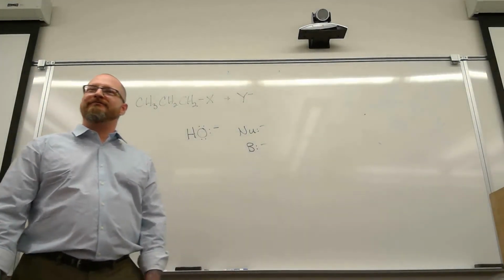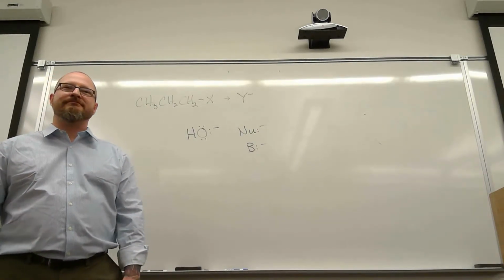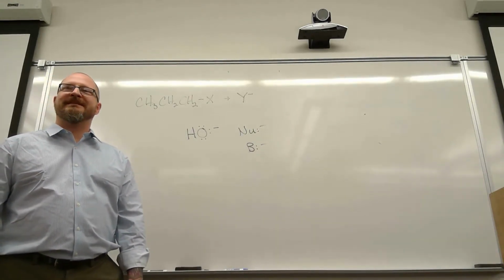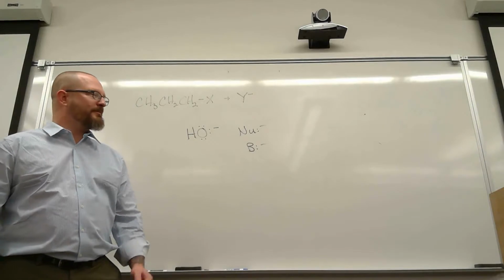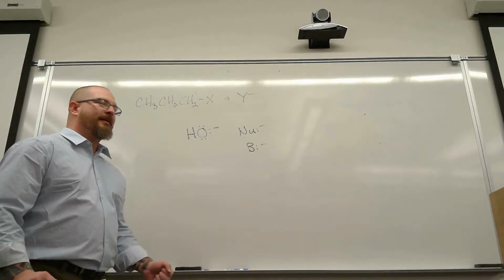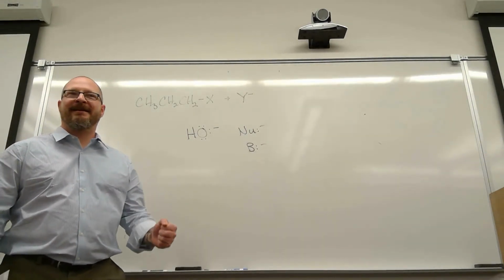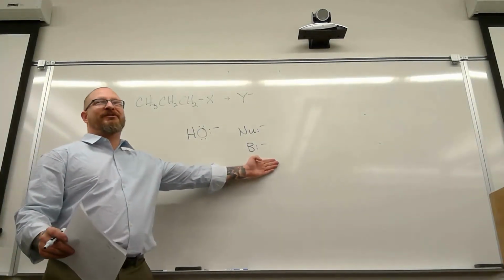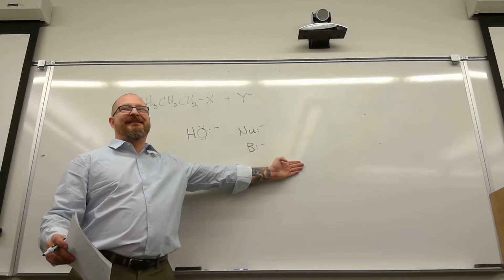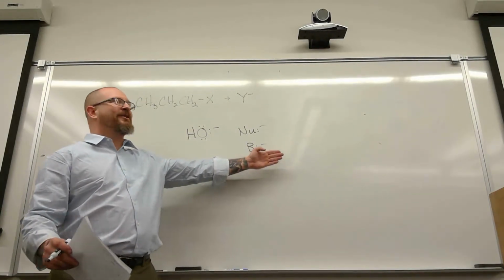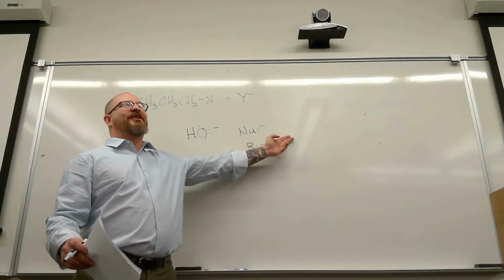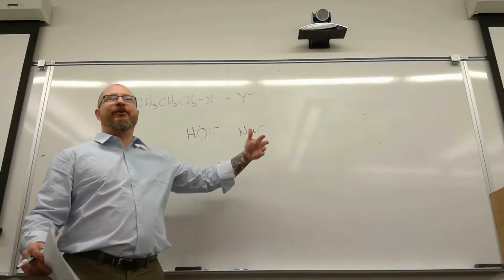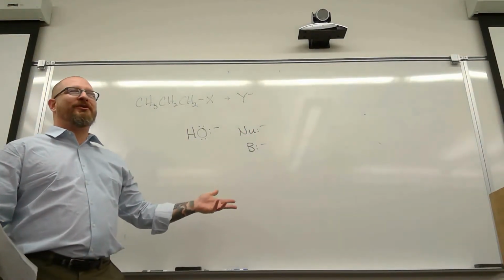What's a nucleophile do? It gives electrons to an electrophile. So this likes to give its electrons specifically to a proton, which is an electrophile, and this likes to do all of the electrophiles. So they're very, very similar.